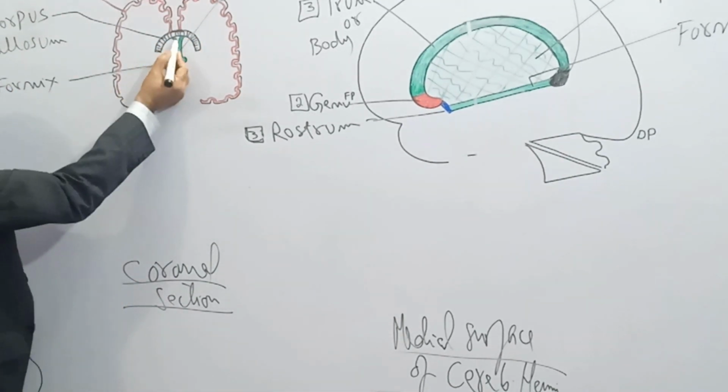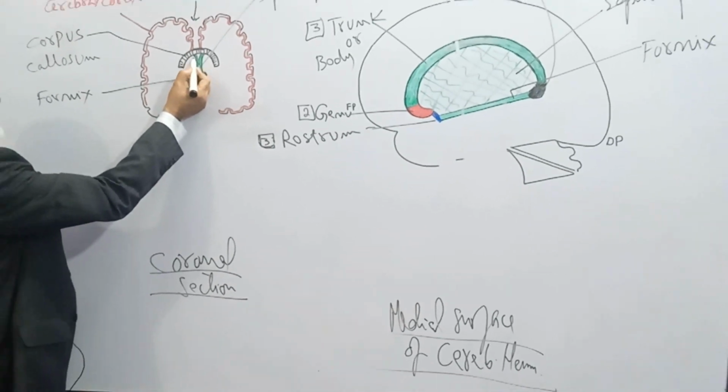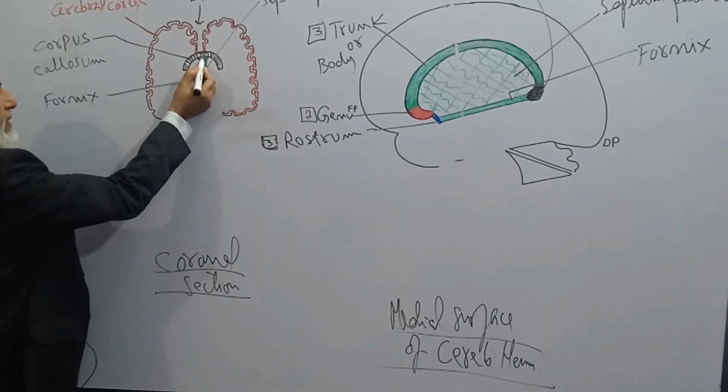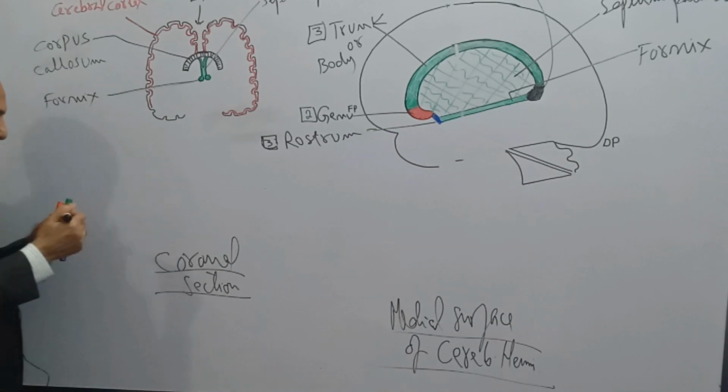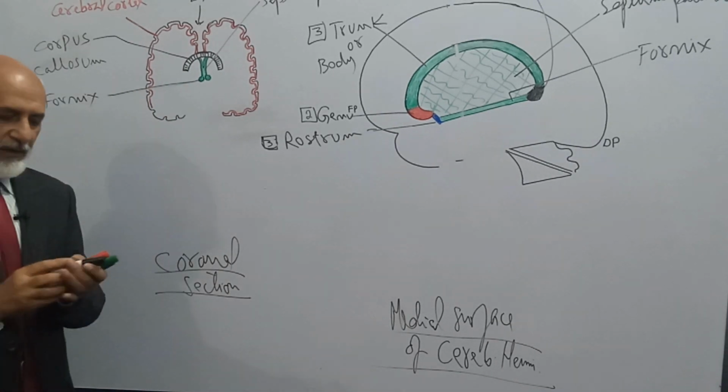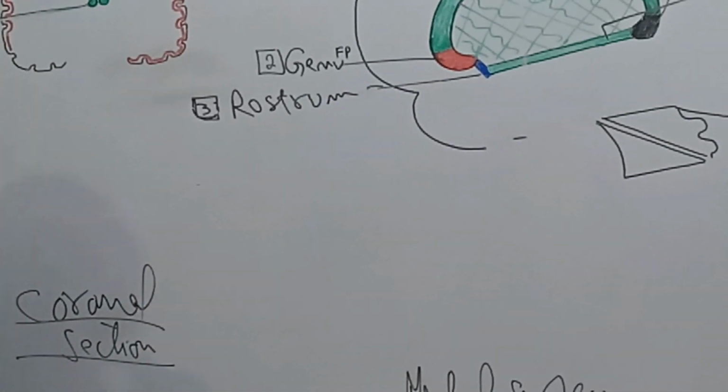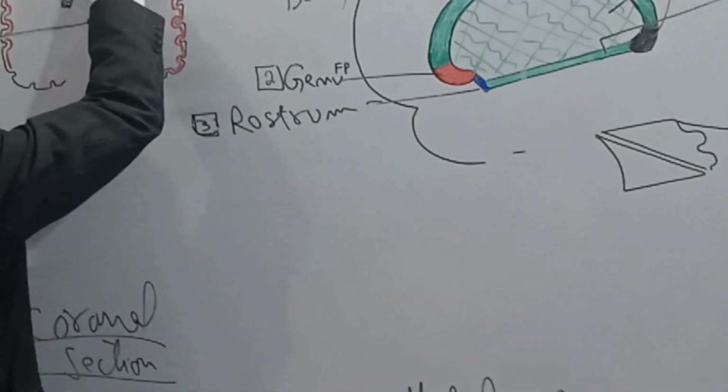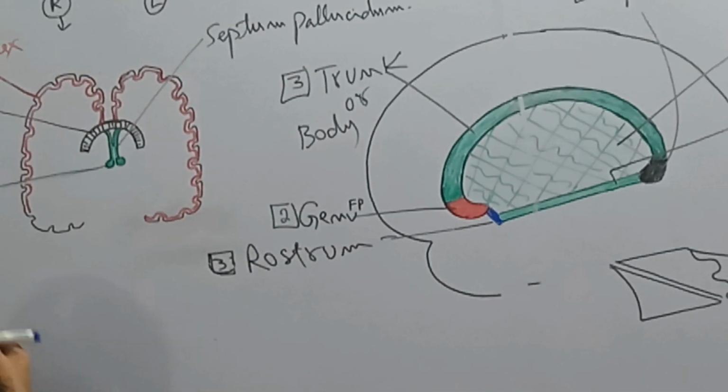Now above, can you see the two layers, the two laminae of the septum pellucidum, they are divergent and there is a small space, a small cavity inside, known as the cavum septum pellucidum.